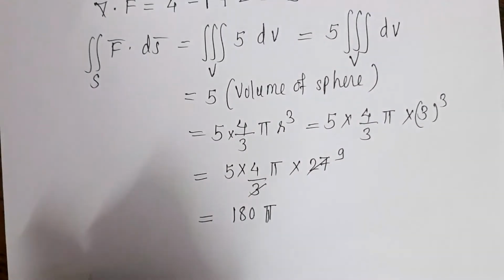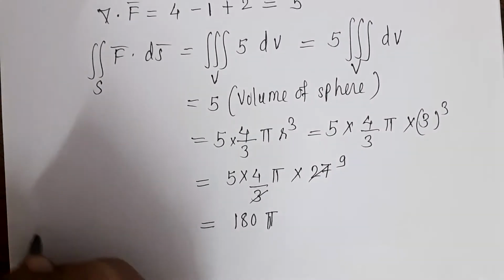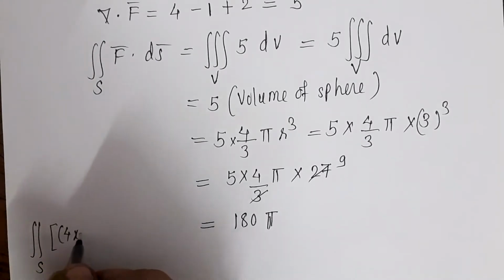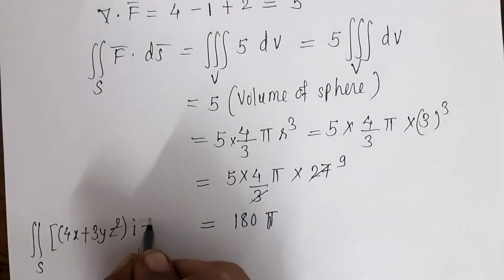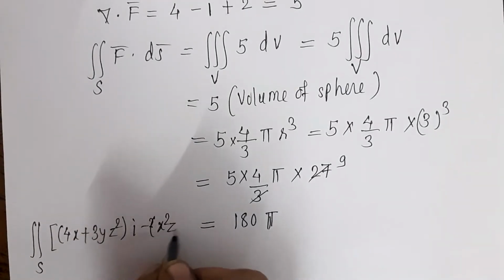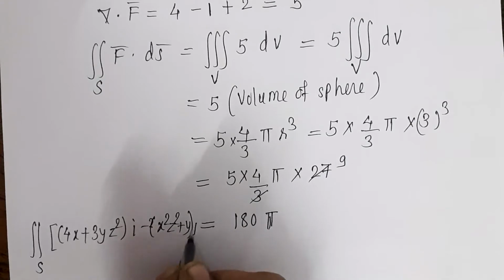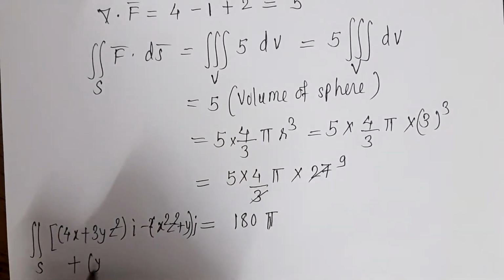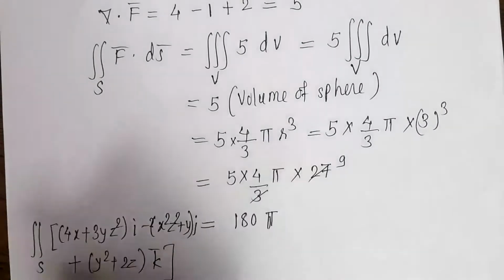This is the answer for the double integral over S of (4x plus 3yz²) i minus (x²z² plus y) j plus (y² plus 2z) k.